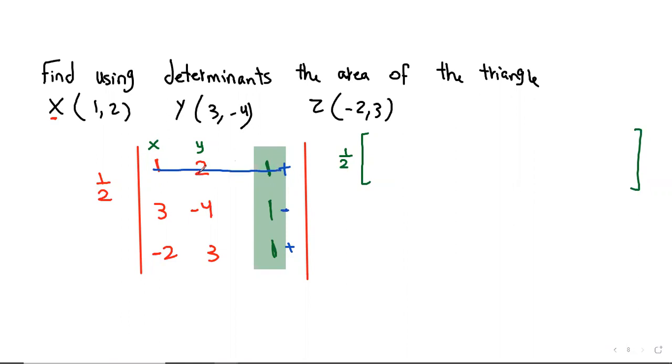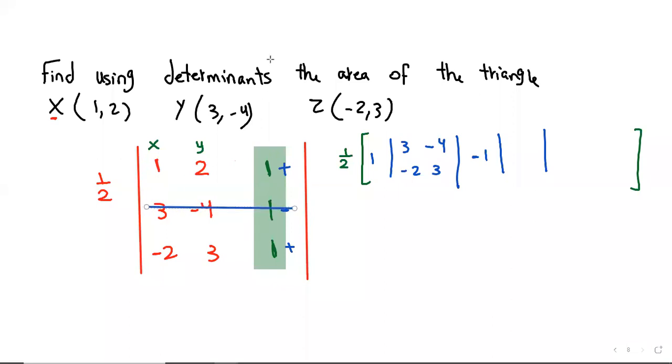It's 1 multiplied by the determinant 3, negative 4, negative 2, 3. And negative 1 multiplied by, again cancel the row and the column, the determinant 1, 2, negative 2, 3.